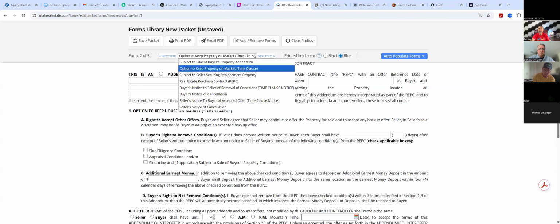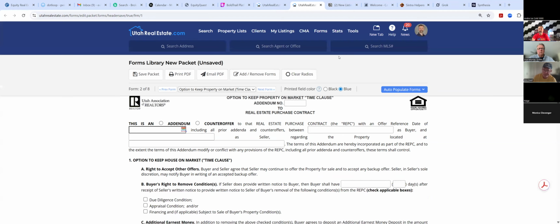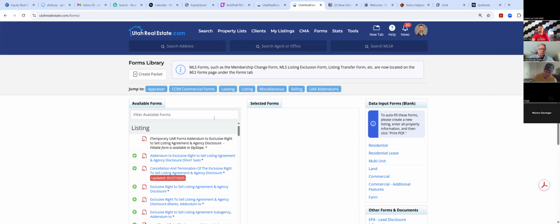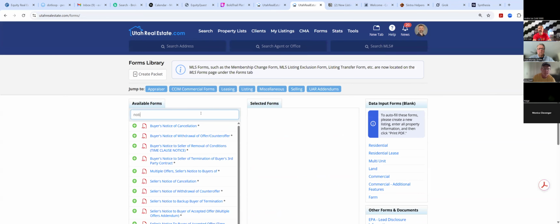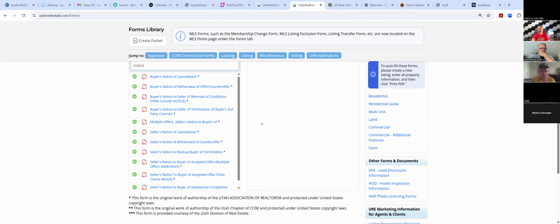So when we do notices, I'm going to open up a new tab for this. If I go to forms, and I don't know the name of the form, but I know it's a notice, then I can go in here and search for notice, right? Here's all the different forms that have notice in it.